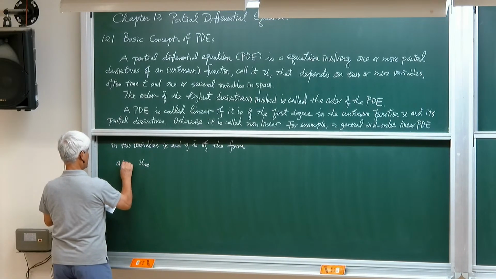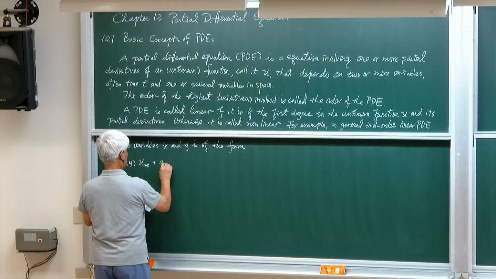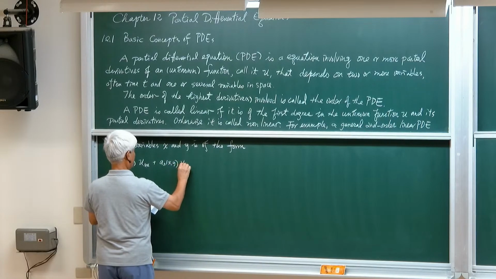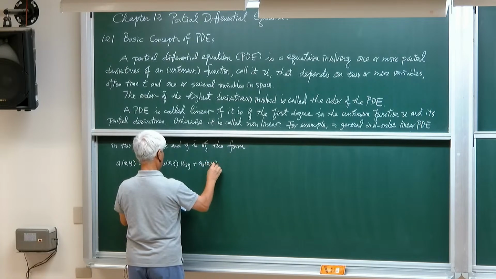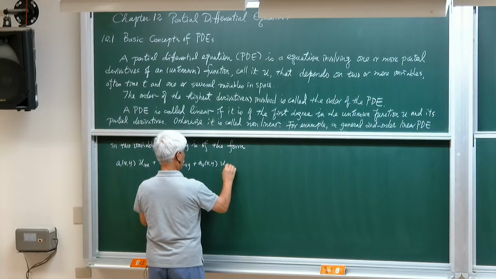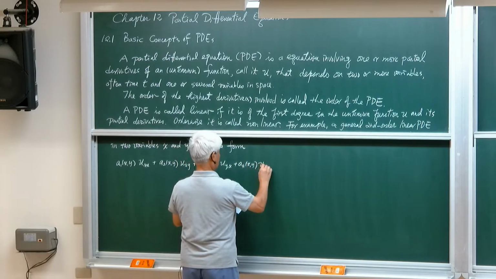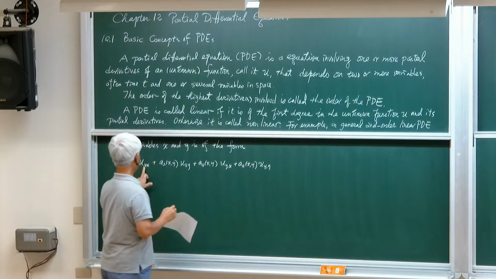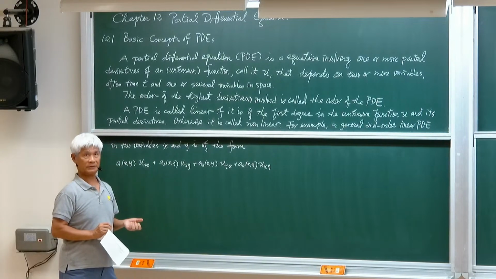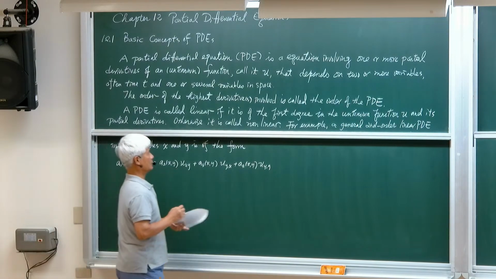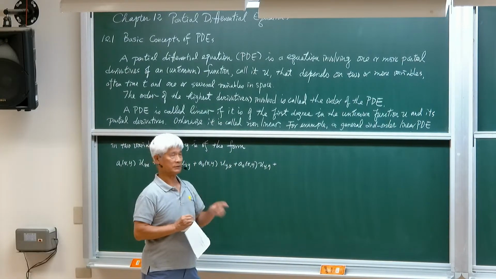And the coefficients are a1(x,y), a2(x,y) u_xy, a3(x,y) u_yx, plus a4(x,y) u_yy. Okay, so there are four second order partial derivatives of u, right? There are four.